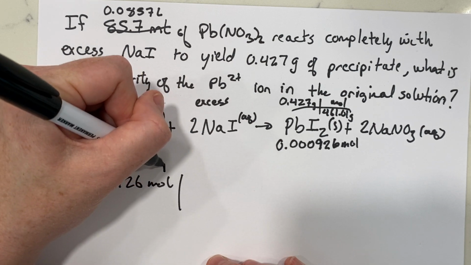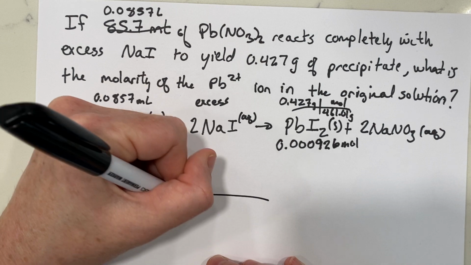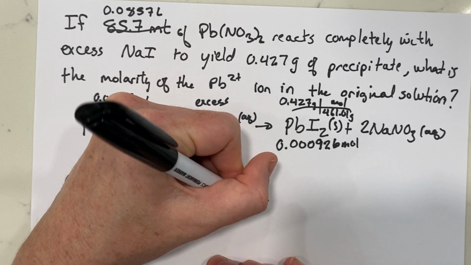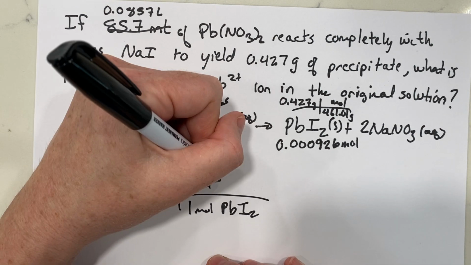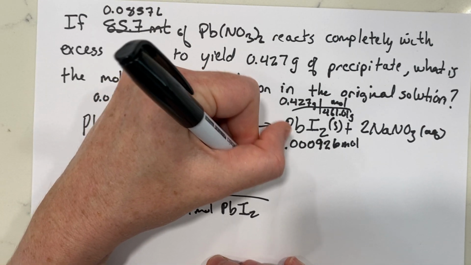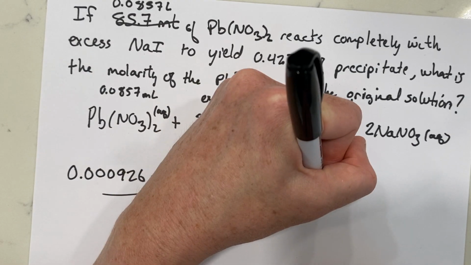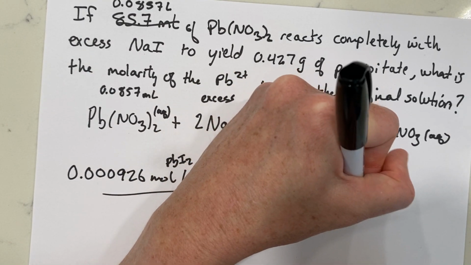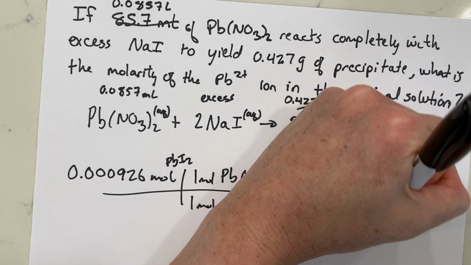And this was of the lead iodide. We know for 1 mole of lead iodide, we had originally 1 mole of lead-2 nitrate. And this will give us 0.000926 mole of lead-2 nitrate.